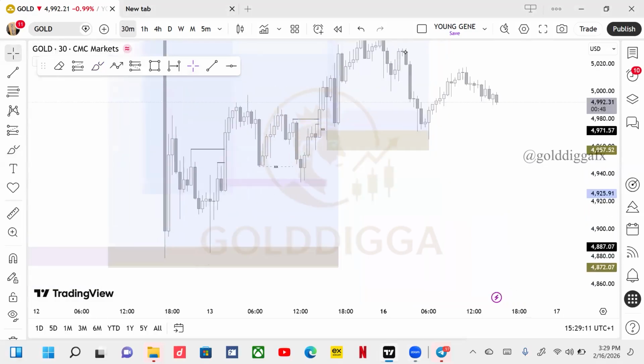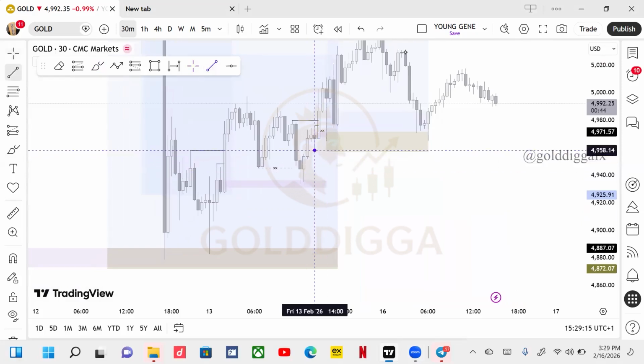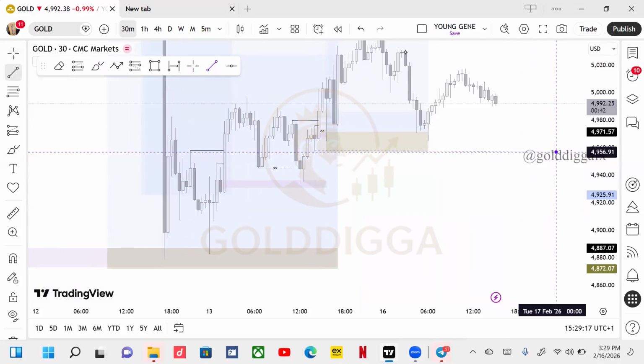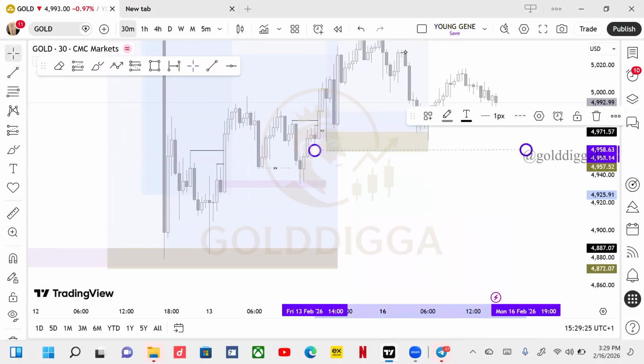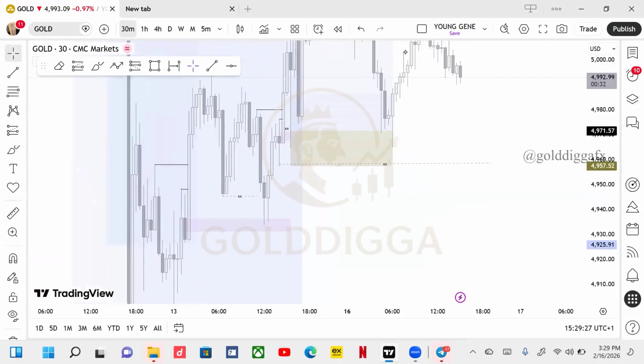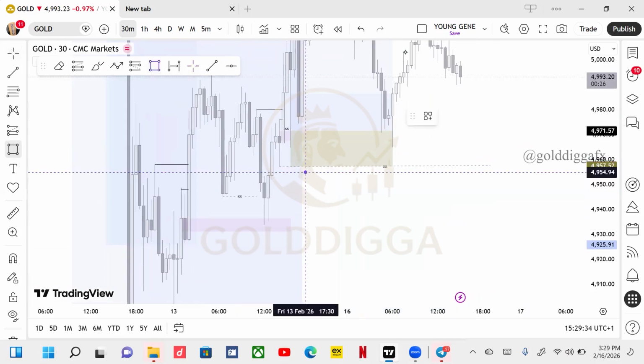For me, I want to see all of these liquidities out, something like this. I think maybe this will give me a type 2 for the 30 minutes. This could give me a type 2 entry model. I'll still need to watch, maybe. Then my entry will be from here.